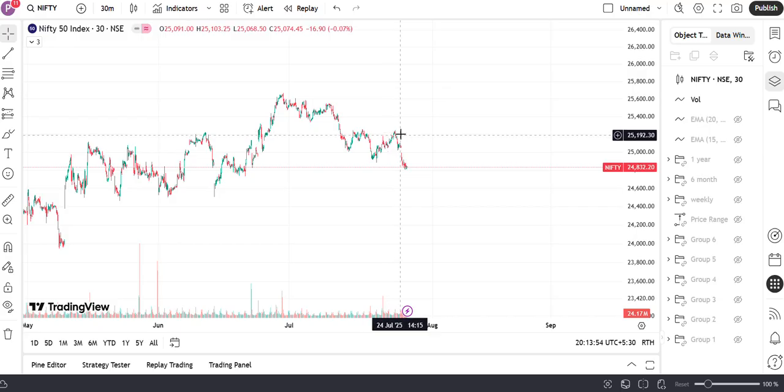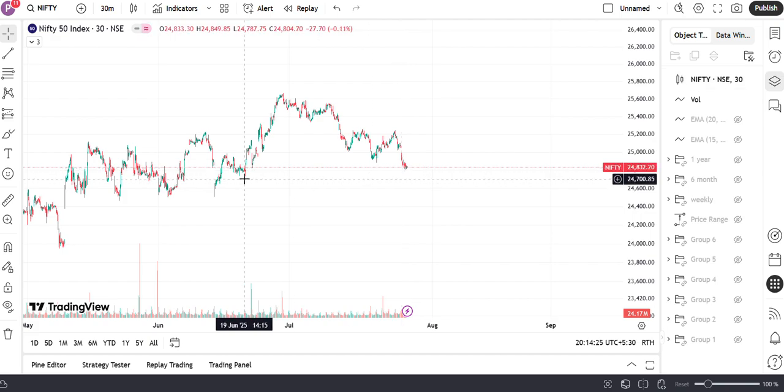Now we are clearly seeing resistance at 25,200 level, because we conveyed last week that 25,200 CE was written heavily, and the same thing happened. The market reached 25,200, and next day there was a good amount of sell off. If you see further, the low was broken, so as of now the temporary trend is on the downside.